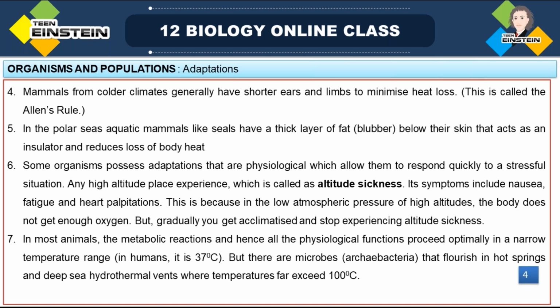Then fatigue. Then heart palpitation. That means heartbeats that suddenly become more noticeable, or an irregular heartbeat. Under these conditions, the body increases RBC production, decreases the binding capacity of hemoglobin, and increases the breathing rate.